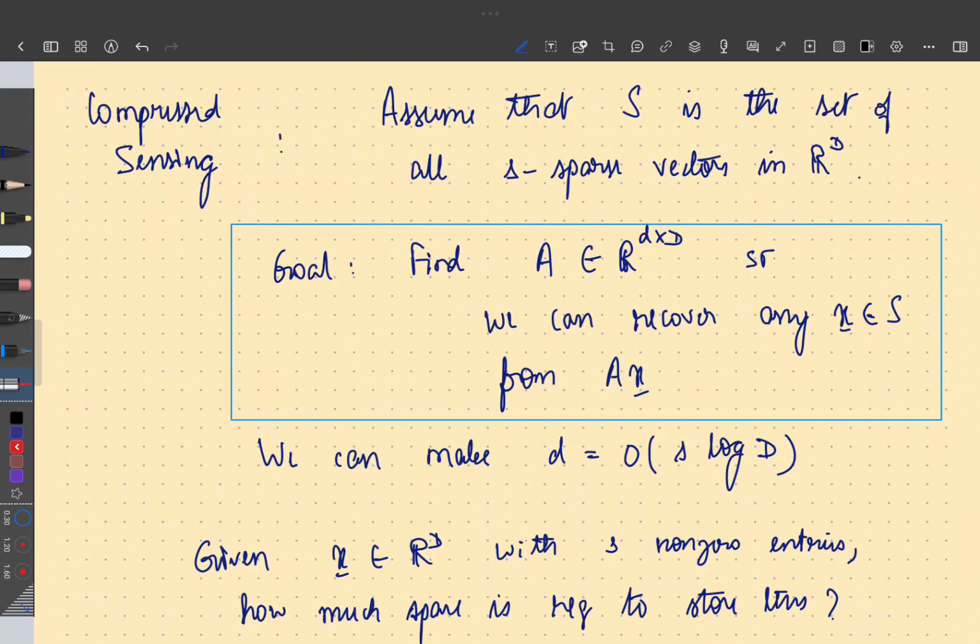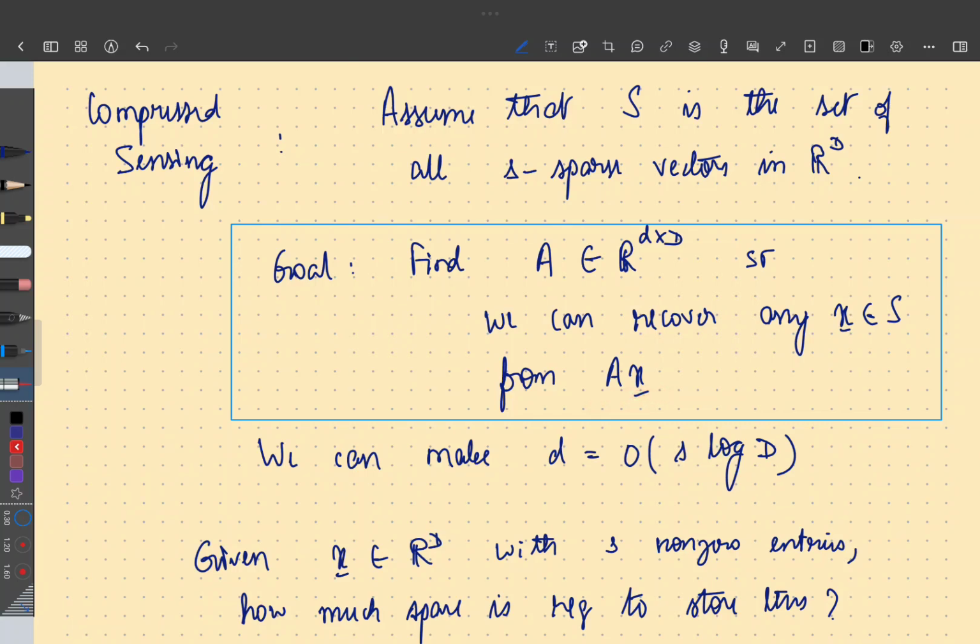All right. So concretely, the problem was to find a matrix A, a little d by capital D matrix, such that we can recover any S sparse vector exactly given these linear measurements Ax.